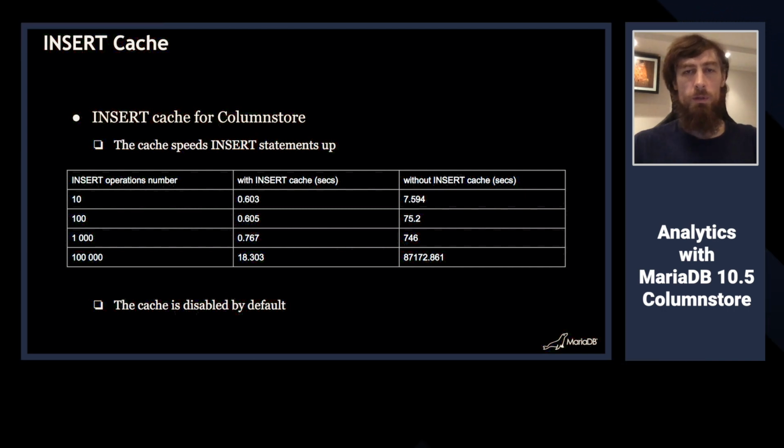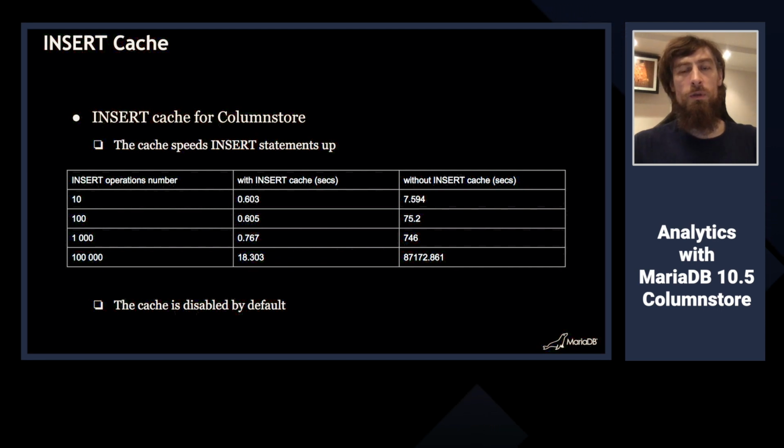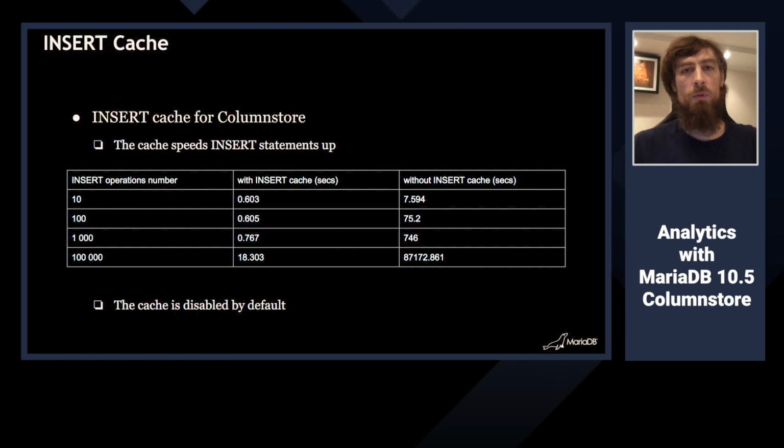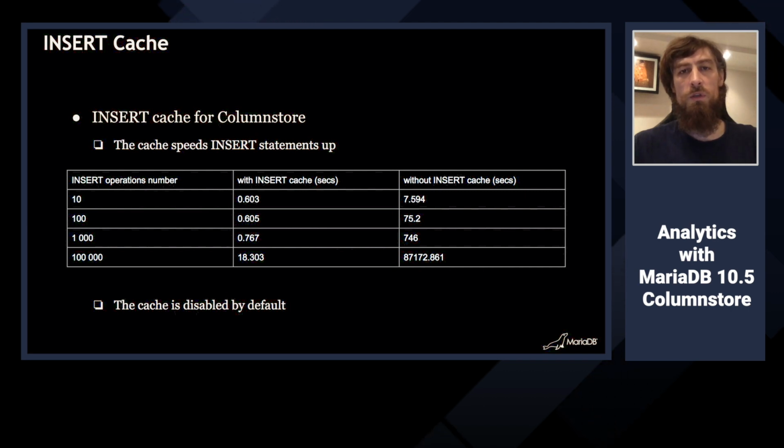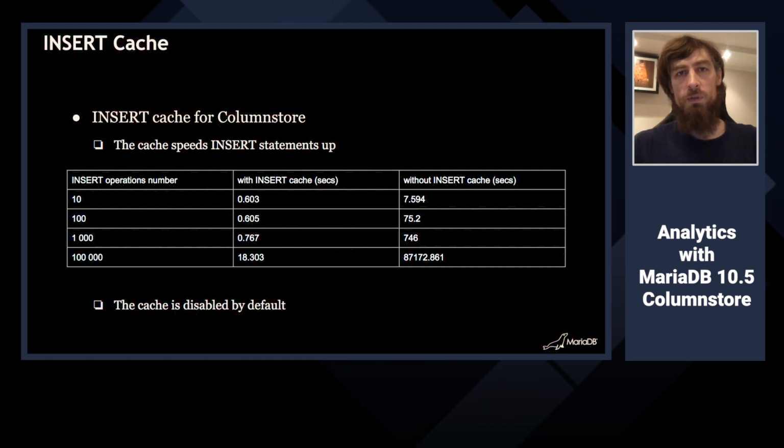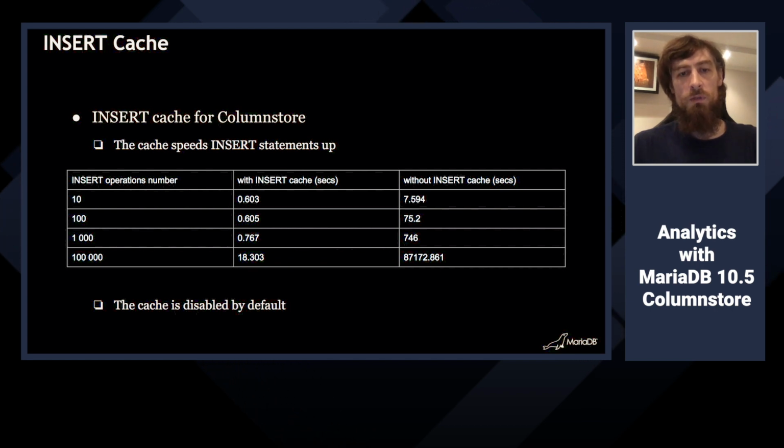Here's a table that contains the timings comparison when groups of insert statements run with the cache enabled and disabled. The second column in this table contains the timings when the cache is enabled. And you can see from the first row that running a group of 10 insert statements gives us a 10x speed up. So this looks significant.